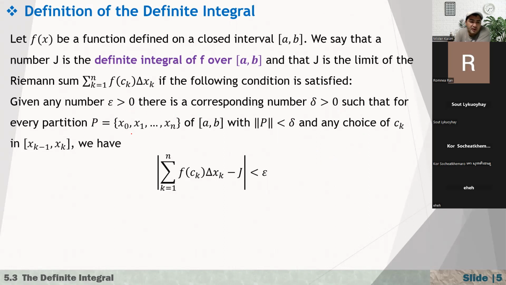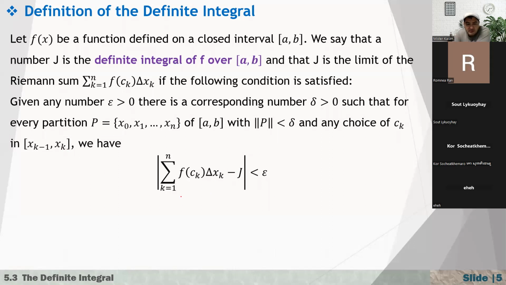Such that for every partition, regardless of how you choose the points over the line segment [a, b], with the norm meaning that even the longest interval is less than delta, and any choice of c sub k in this subinterval, we have this inequality.